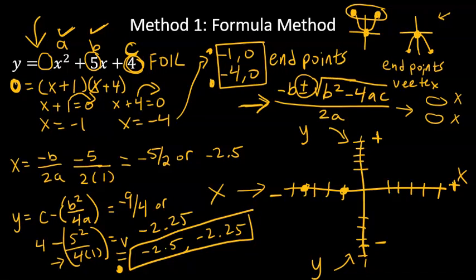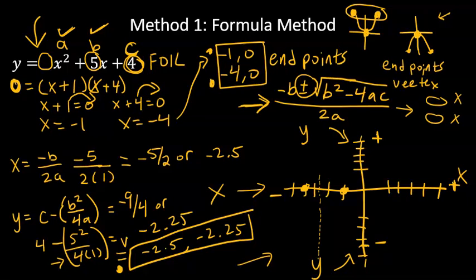I have negative numbers, so I'm going to stay in quadrant 3, which is right here. And I'm going to do 2.5, which is 1, 2.5. With the vertex, I like to make a really skinny little dotted line so I can figure out where it goes. And then I like to erase it if I'm using a pencil. So that's x.